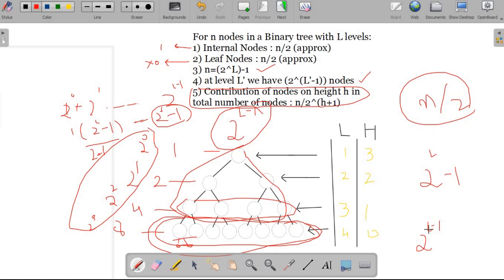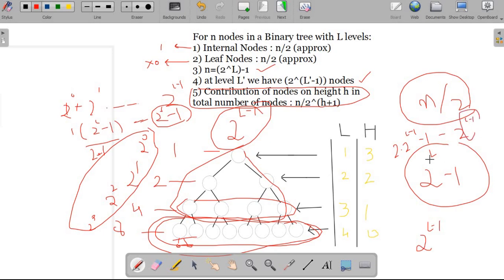These are the maximum nodes I am talking about. So using this we can tell that the internal nodes are this value minus this value. Over here we can write 2 to the power L as 2 into 2 to the power L minus 1, minus 1. These are the total number of nodes minus the number of leaf nodes, which are 2 to the power L minus 1.